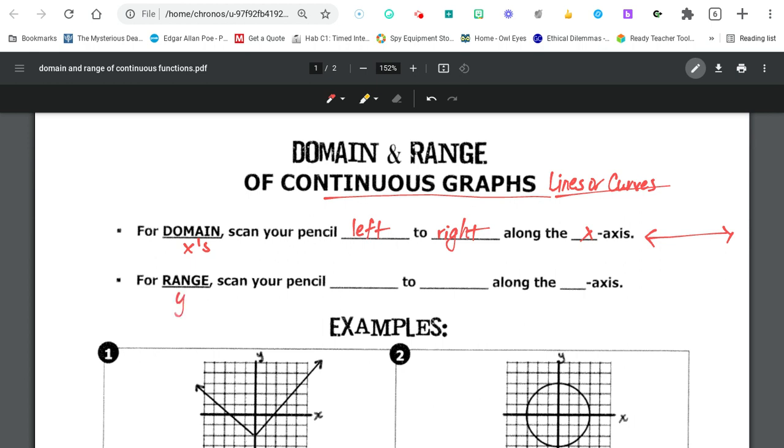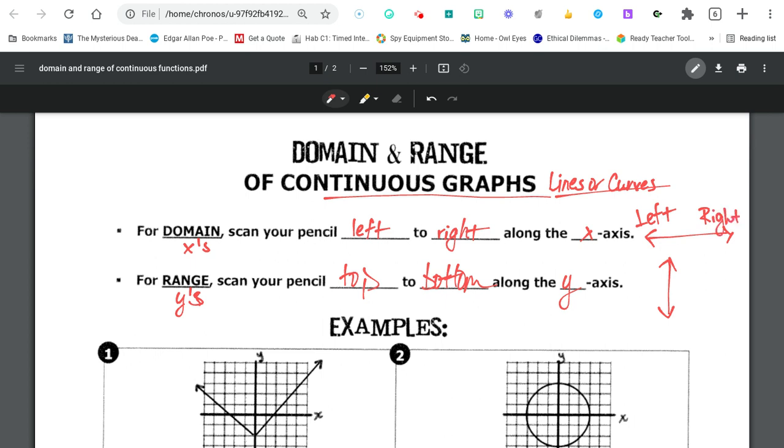For range, which is your y values for these continuous graphs, you're going to scan your pencil from top to bottom or bottom to top along the y-axis. And the y-axis from top to bottom goes up and down. This is left to right.